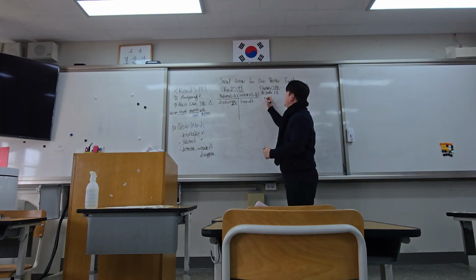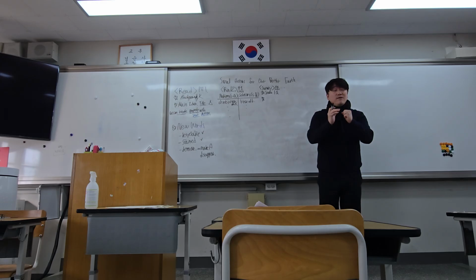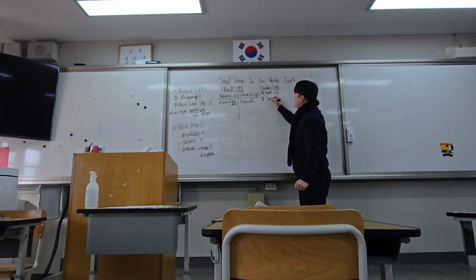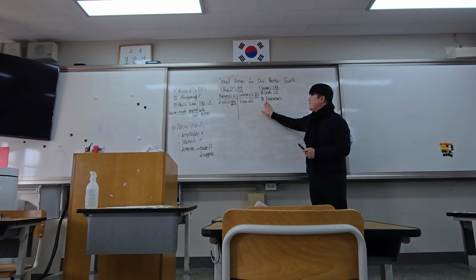Very good. Now, let me tell you how to interview, how to have a survey for each other. Okay, good. So we will have an interviewer and an interviewee today. Let me show you how to do this activity.